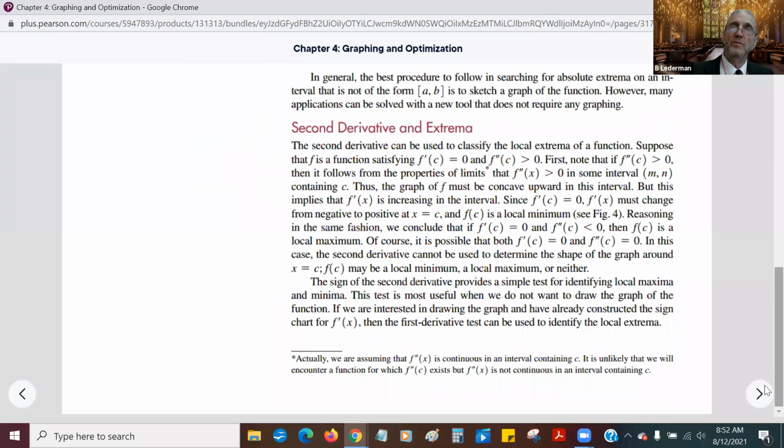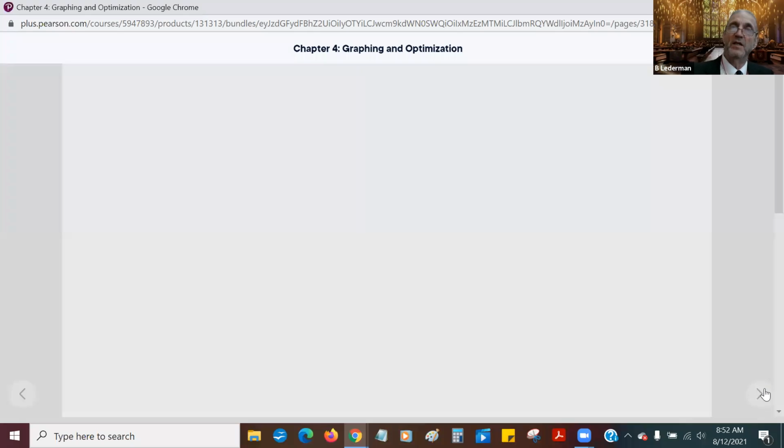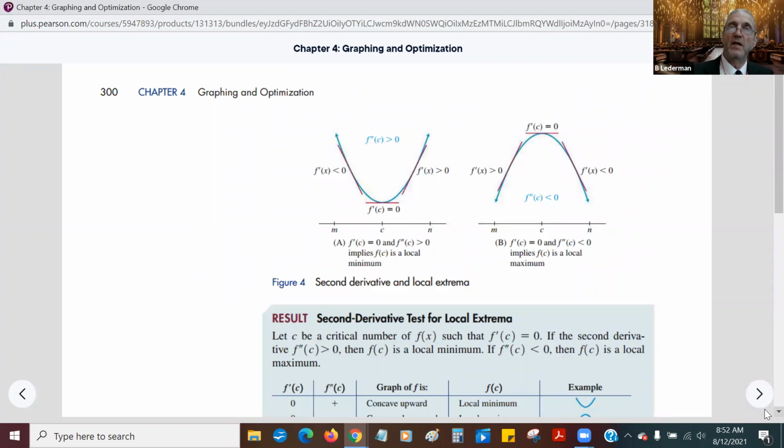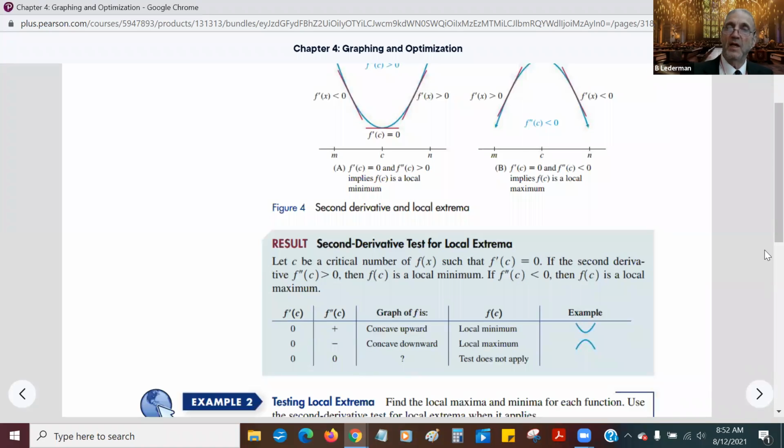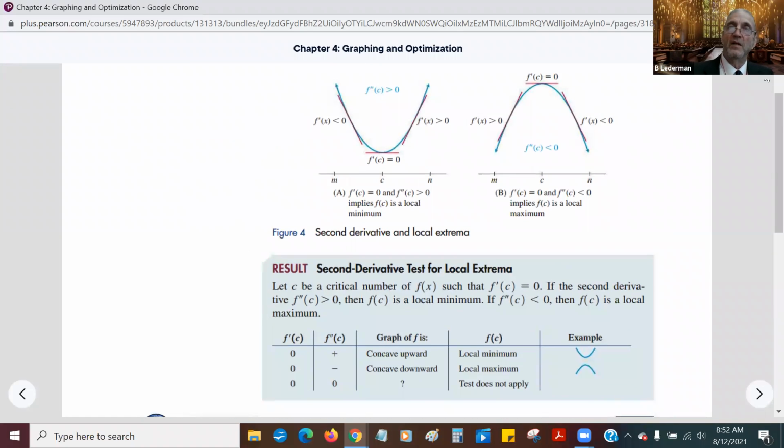Okay, well, I know you missed second derivative, so let's see how that plays in. So here's a nice theorem, and I think it's kind of common sensey: if c is a critical number such that f prime of c is equal to 0, so that'll be a good candidate for horizontal tangent, and if the second derivative is positive at c, then f of c is a local minimum, because if it's concave up, that means the bottom is down here.